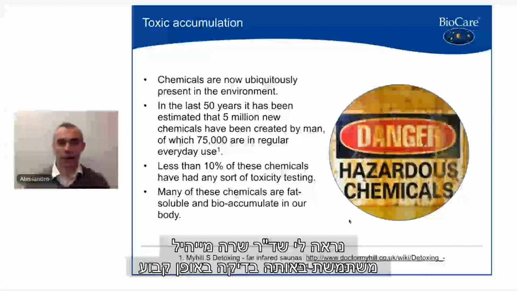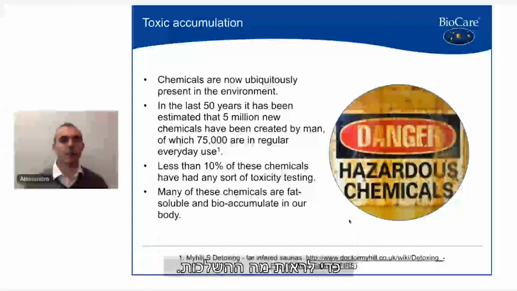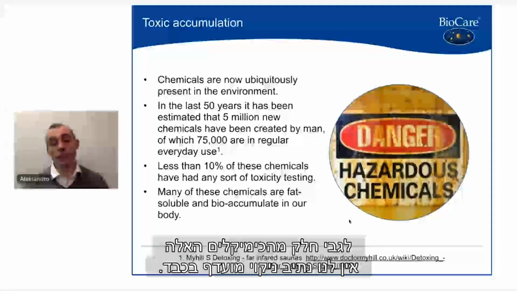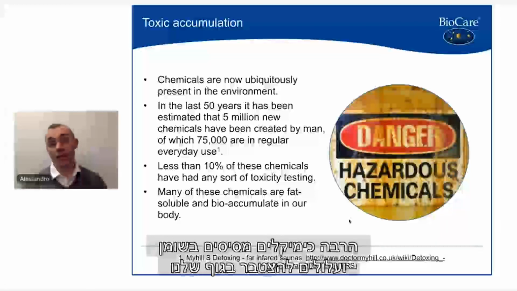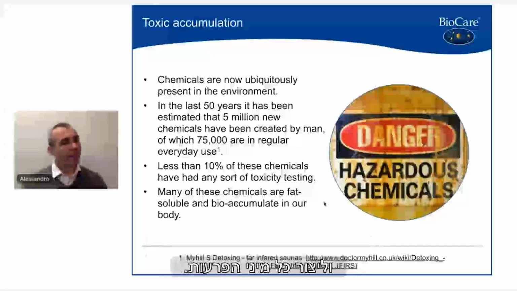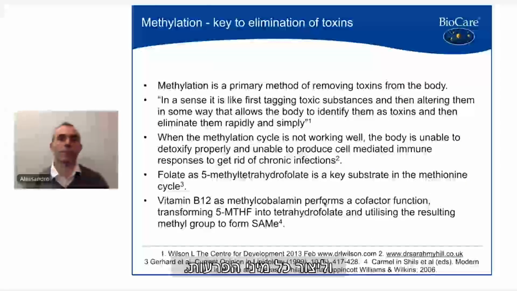Dr. Sarah Myhill, I think, uses the same test regularly to see what the implications are. So for some of these chemicals, we don't actually have a specific favorite liver detoxification pathway. Many of these chemicals are fat soluble and can potentially bioaccumulate in our body, generating all sorts of disruptions.